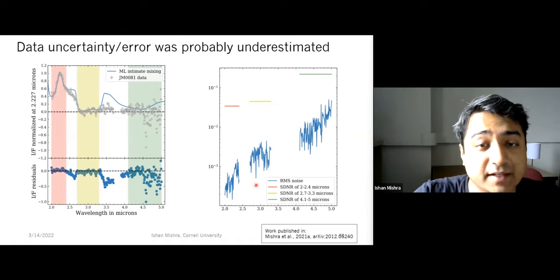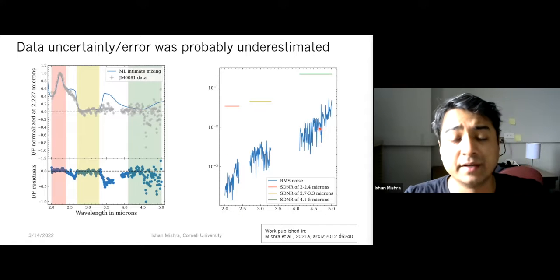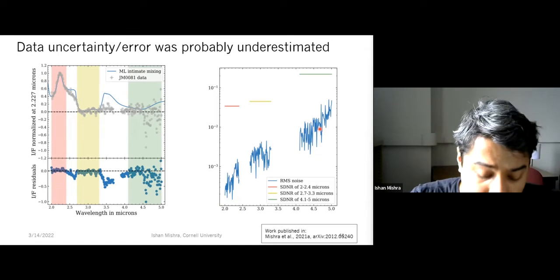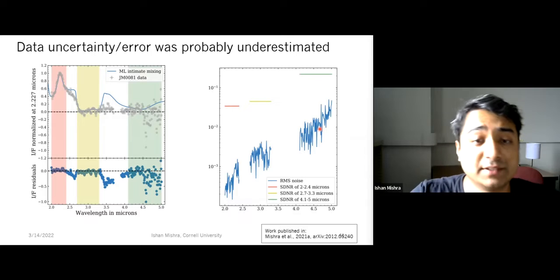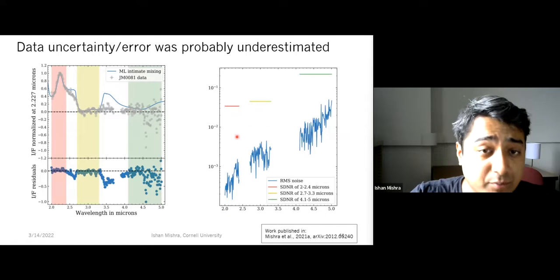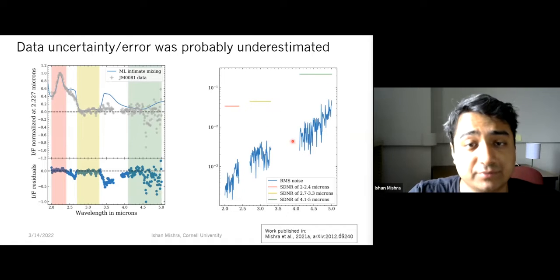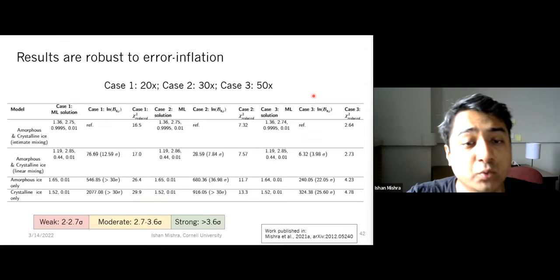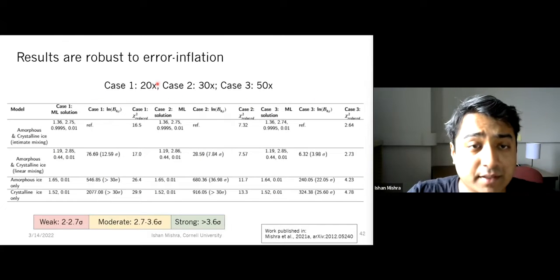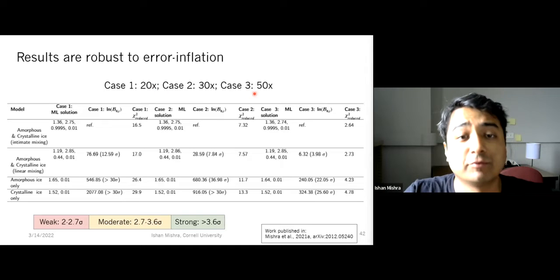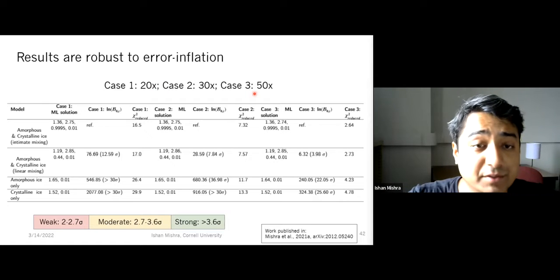And this factor is pretty high. We took that as an indication of underestimated errors. So basically, the errors on the data set are probably underestimated by a factor of, well, this many. And that's why I redid our analysis where we inflated the error on the data by 20, 30, 50 times to account for that discrepancy shown in the previous slide.